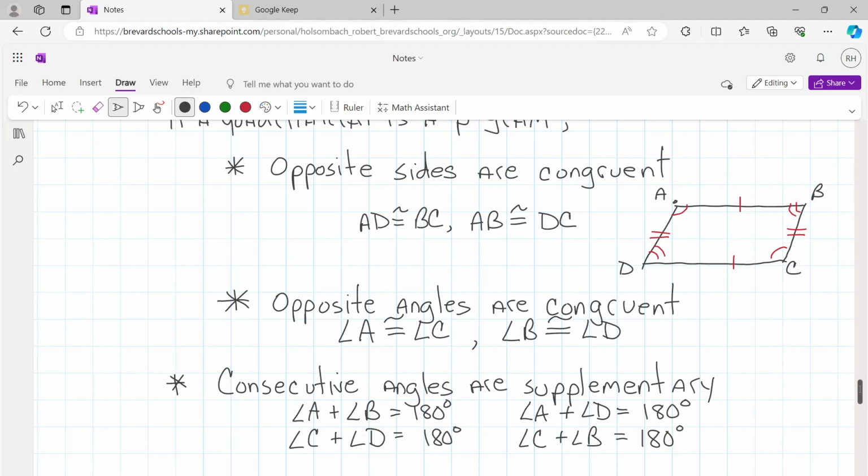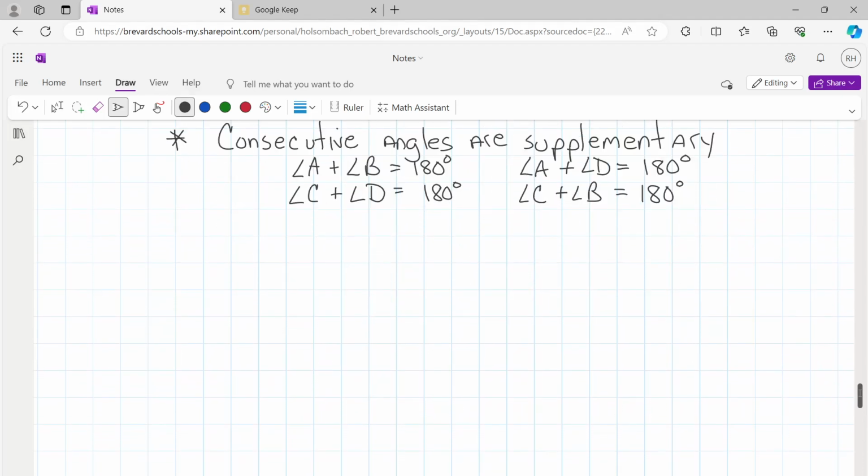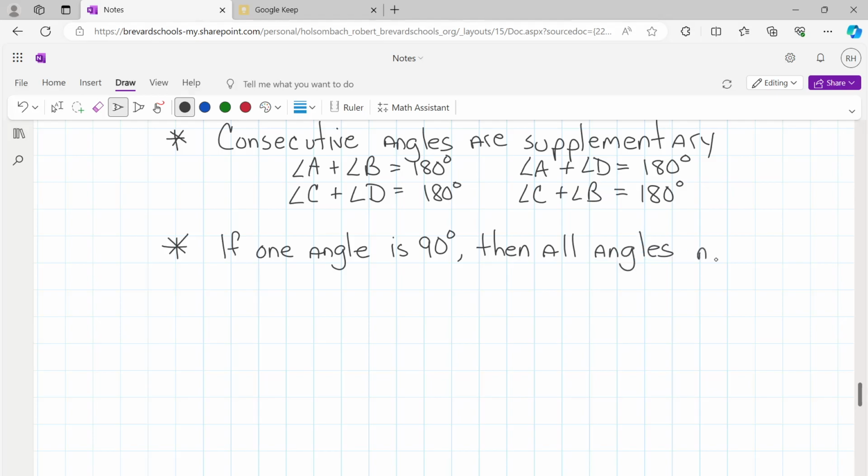And one more rule, well, just another rule actually. If one angle is 90 degrees, then all angles are 90 degrees.